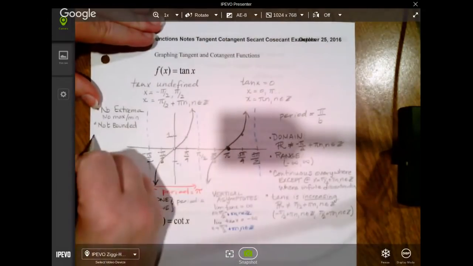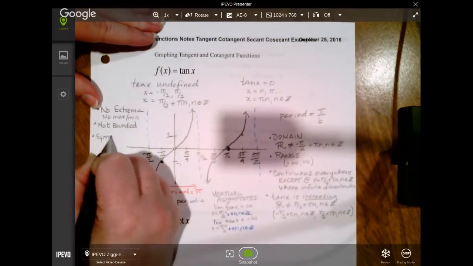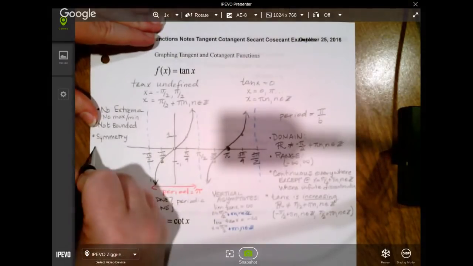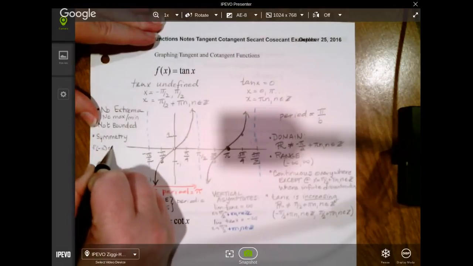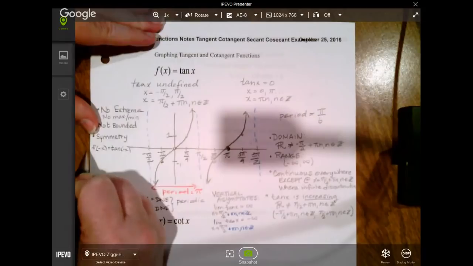And then the last thing I want to discuss about tangent is its symmetry. Now, we learned in our last identities unit that when we had f of negative x equals tangent of negative x, that tangent was an odd function.